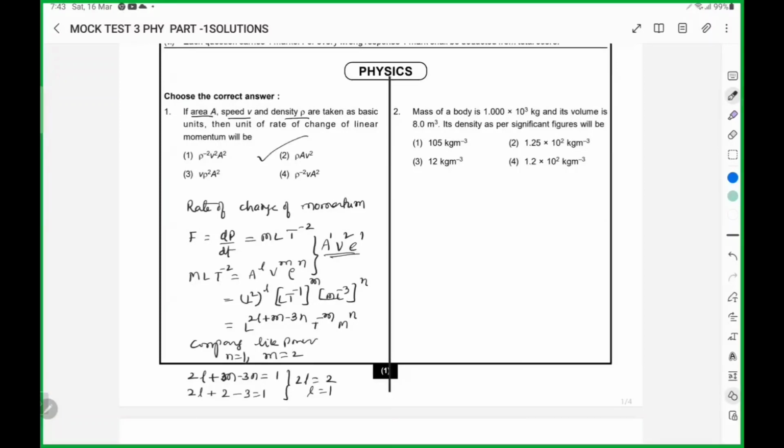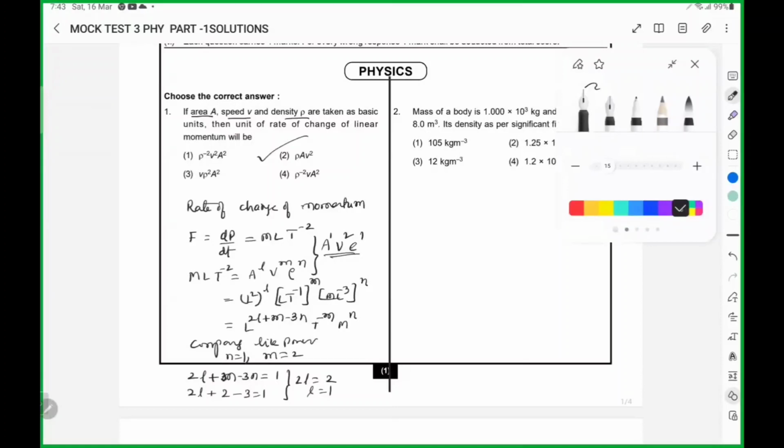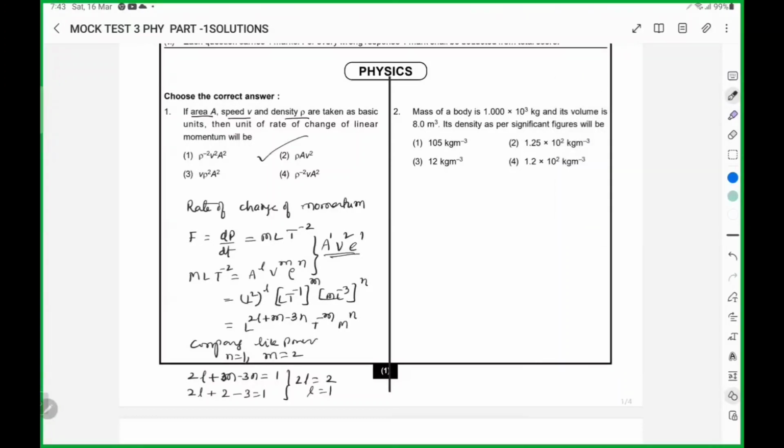Here it is. Density as per significant figures. Density is mass per unit volume. Mass here is given as 1.00 into 10 power 3.